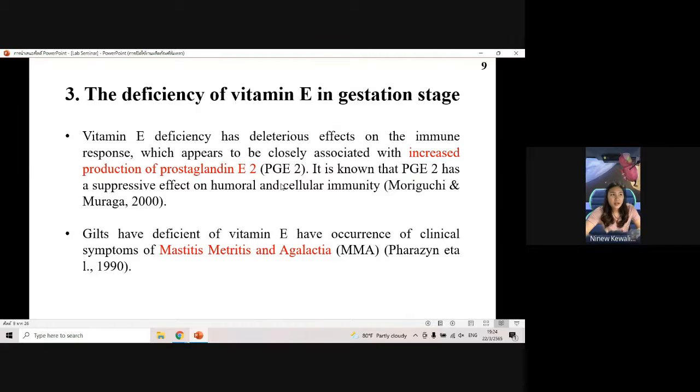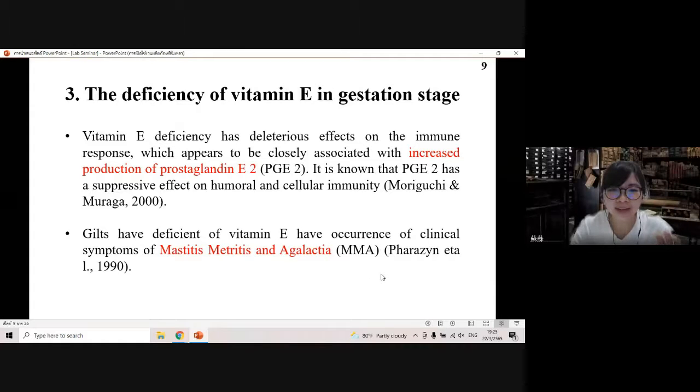Actually, prostaglandin will destroy the corpus luteum, which produces the progesterone. If we have too much prostaglandin, I think it will decrease the progesterone concentration. That is my understanding. Yes, sorry, I misunderstood this sentence.